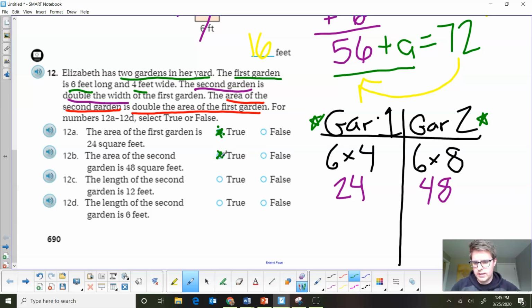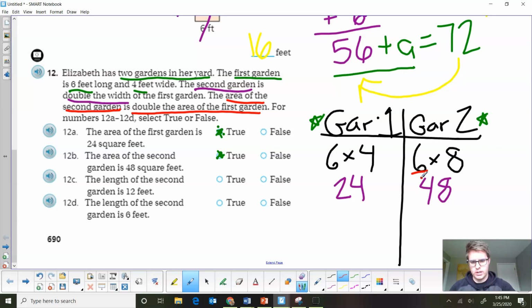All right, letter C. The length of the second garden is 12 feet. What do we think, Jasper? Garden 2? Do you see 12 anywhere? The length right here? Is that 12?